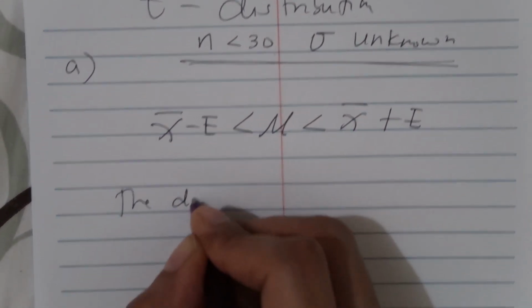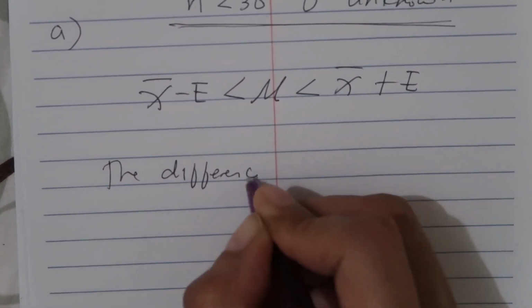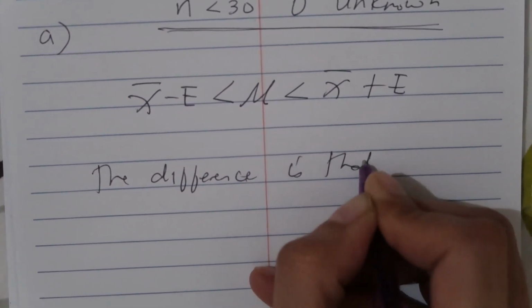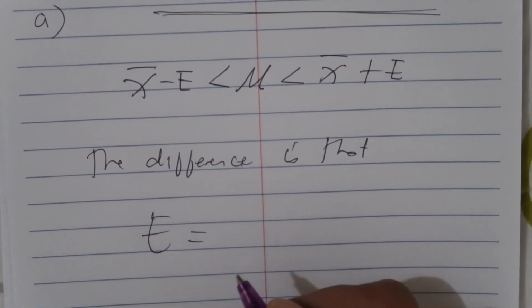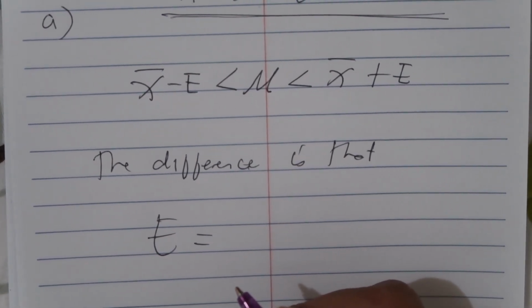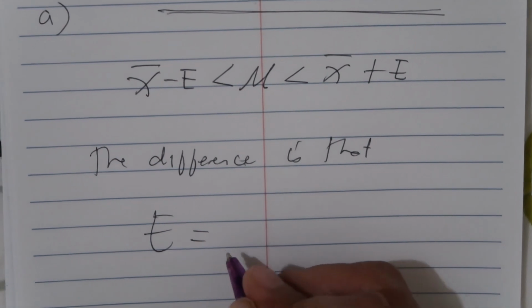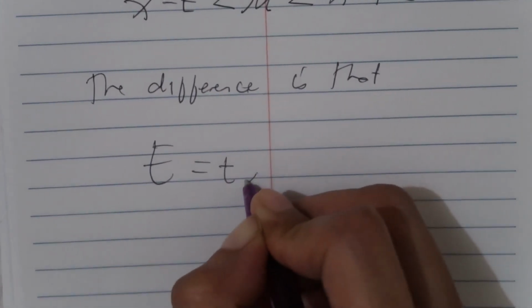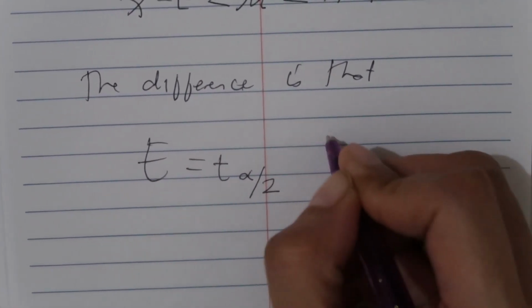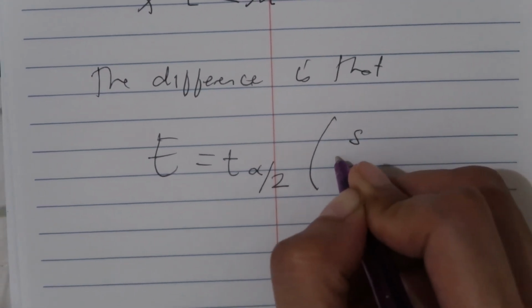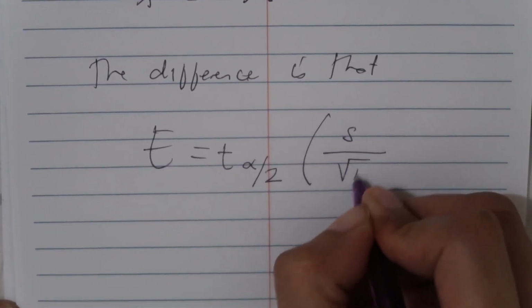The difference is the margin of error. So what will be your margin of error? This time, it's not z. Instead, it should be t alpha over 2 multiplied by s over the square root of n.